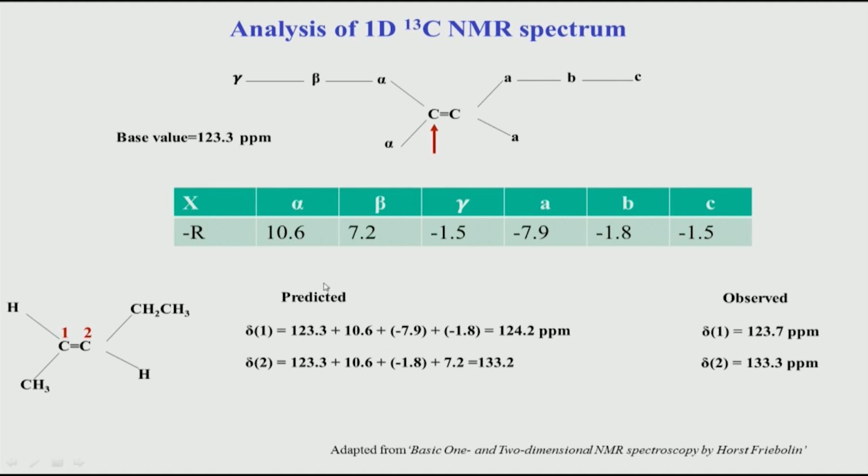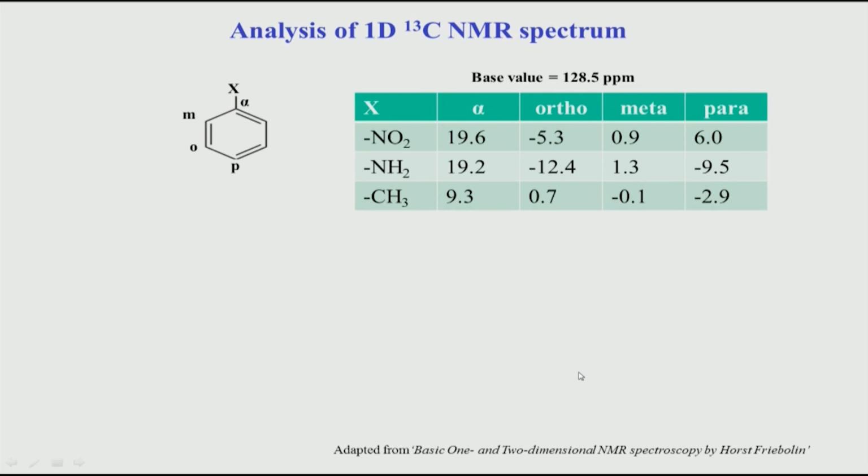So, this is all based on this table here, and more exhaustive lists of functional group substituents are given in this book. Let us look at another example with an aromatic system. In the case of an aromatic system, the same principle applies: you start from a base value, which is 128.5. Remember, aromatic peaks always come between 100 to 150, so the base value is somewhere in that region.